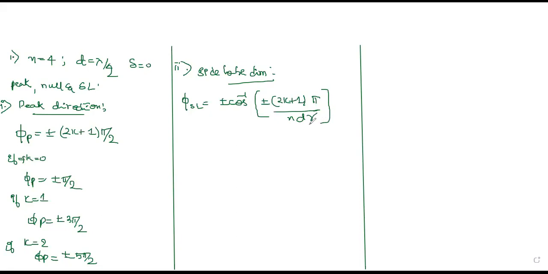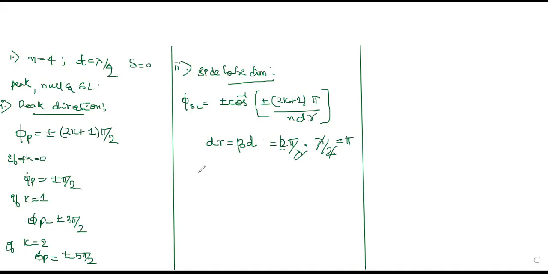So this was the formula, if you remember the previous one we solved. But we know that n is equal to 4. d_r we have taken as beta d, which we have substituted for non-isotropic cases as d_r. Beta we know is 2 pi by lambda. D value is given in the question, it is lambda by 2. So cancel this. Find out the value of d_r, that is pi.